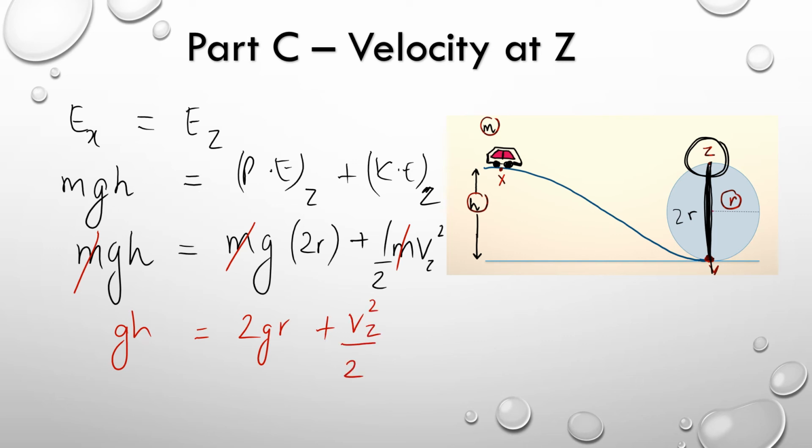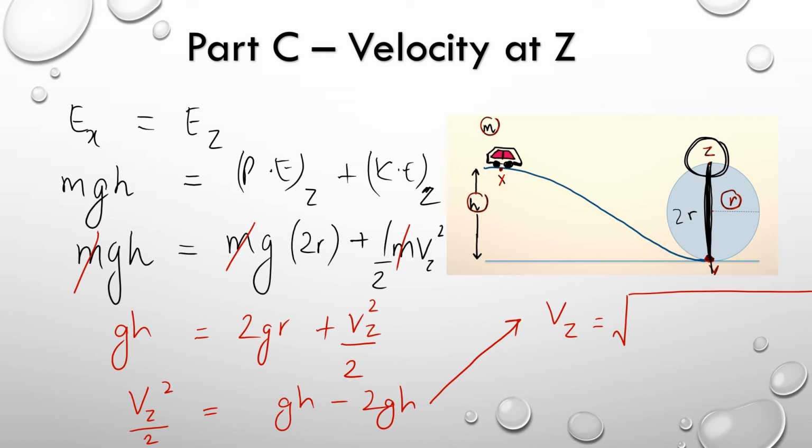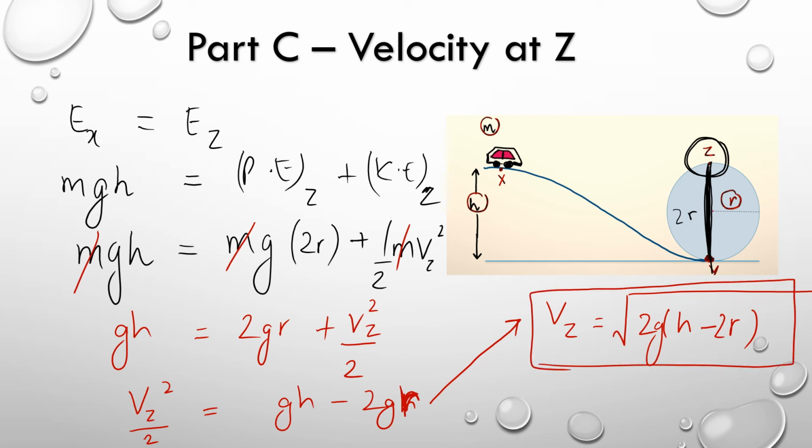Now, I'm going to calculate the velocity v_z, which comes from gh minus 2gr, and v_z will come out to be the square root of, on simplification, 2 times g common, (h minus 2r). So that's my formula for finding the velocity at point z.